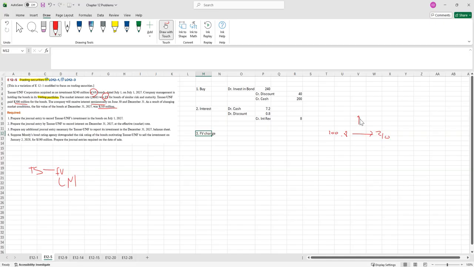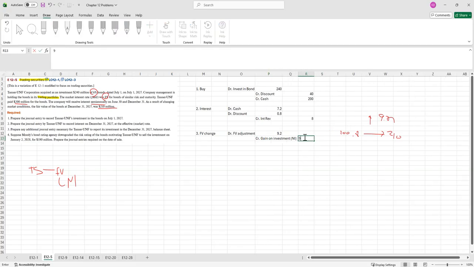So we have gone up. The fair value has increased by 9.2. So how we account for that is essentially going to be debit fair value adjustment, 9.2. Credit gain on investment, net income. This goes into net income because it's a trading security, of 9.2. That's great.